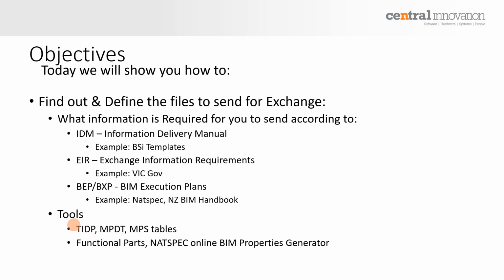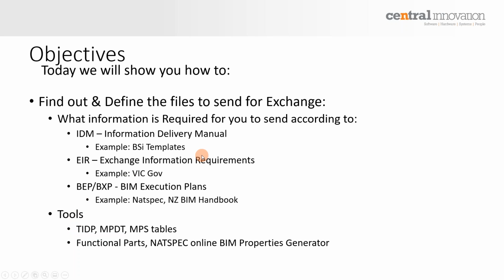So it is a great tool for both the planning of the BIM process, so that you can include that in your execution plans or exchange information requirements. And we'll do that in tandem with Archicad. So we're going to transfer things from that property generator, and you'll see where that relates to your Archicad setup so that you produce the information you've been asked for.